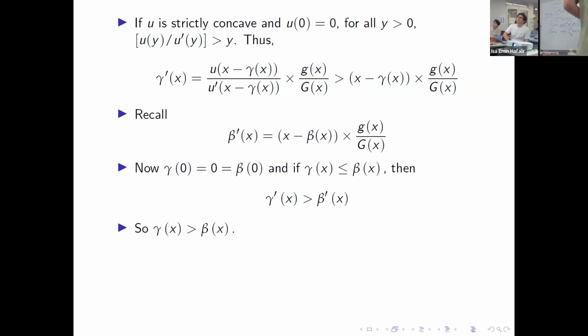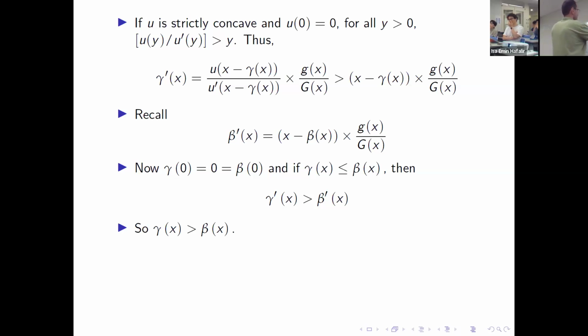The one way I remember: if U double prime is negative, meaning the function is concave, then I want to argue that U is greater than Y times U prime.